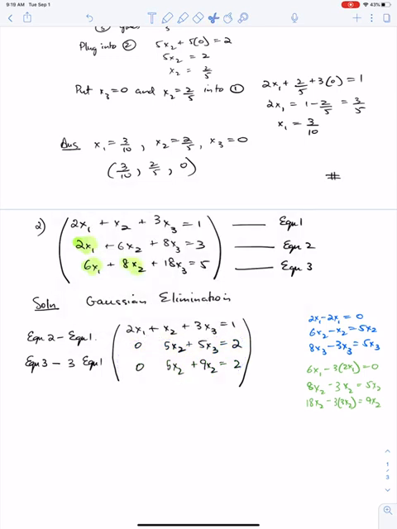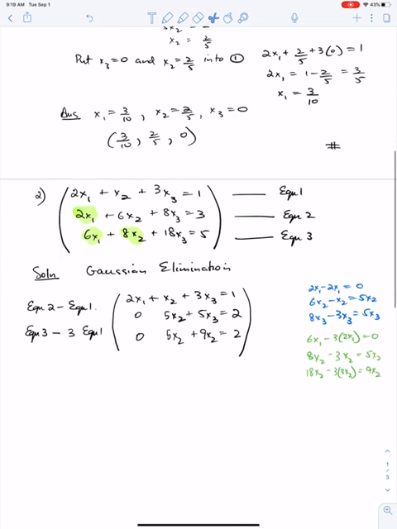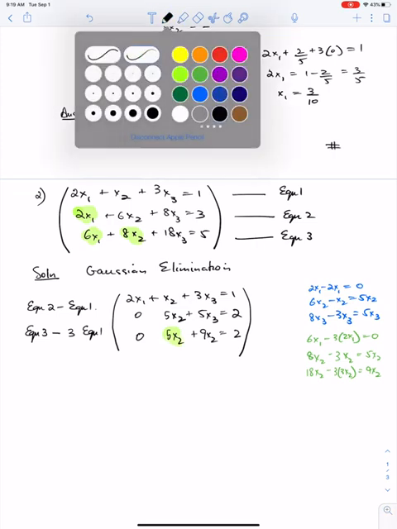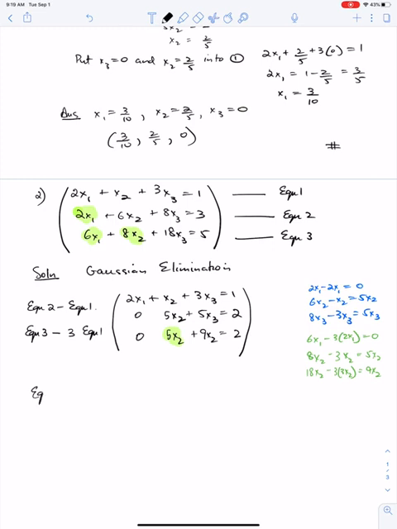All right. Now we want to make the 5x2 in this part here 0. And we'll do that by doing equation 3 minus equation 2. We don't want to touch equation 1, because then we'll get something back down here and go around in circles.